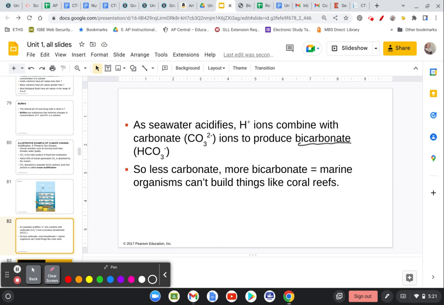So coral reefs need carbonate. You don't need to remember the actual formulas here. These guys, you just need to know the names. So carbonate is needed by coral reefs. In order to build a coral reef, you need carbonate.